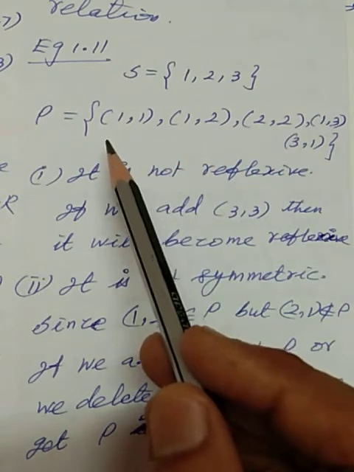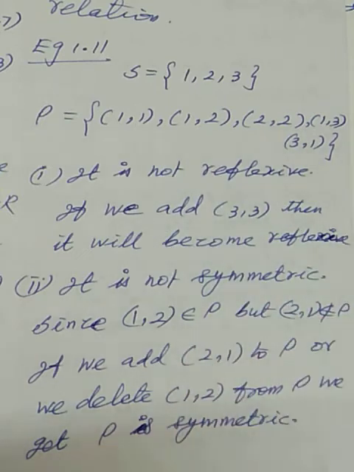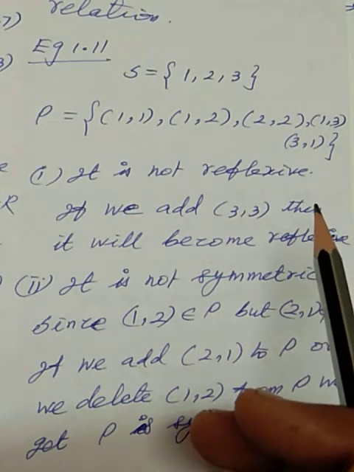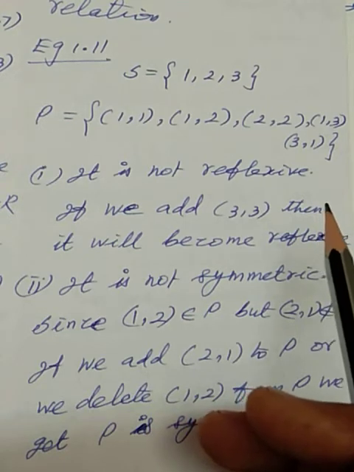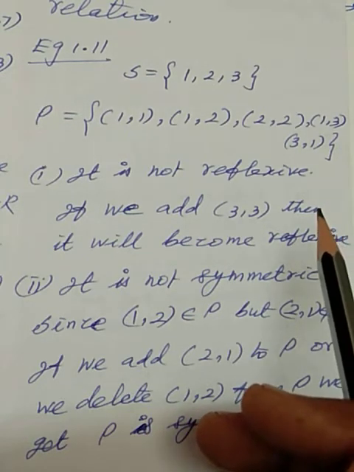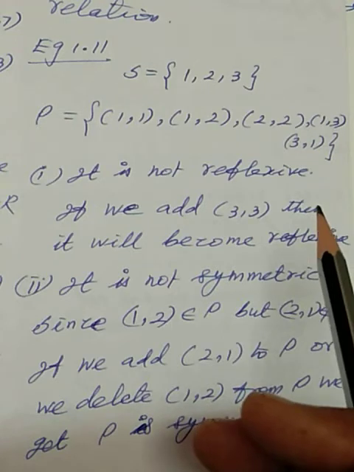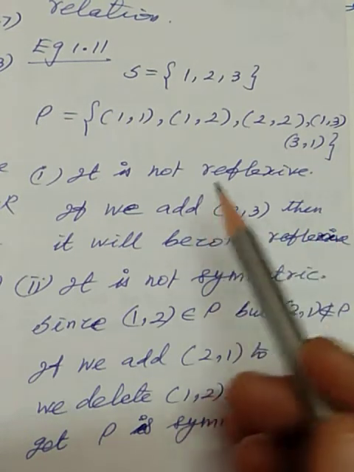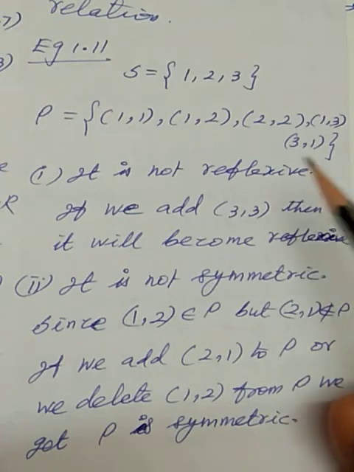The question is, first one, is rho reflexive? If not, state the reason and write the minimum set of ordered pairs to be included in rho so as to make it reflexive. So verify whether it is reflexive or not.